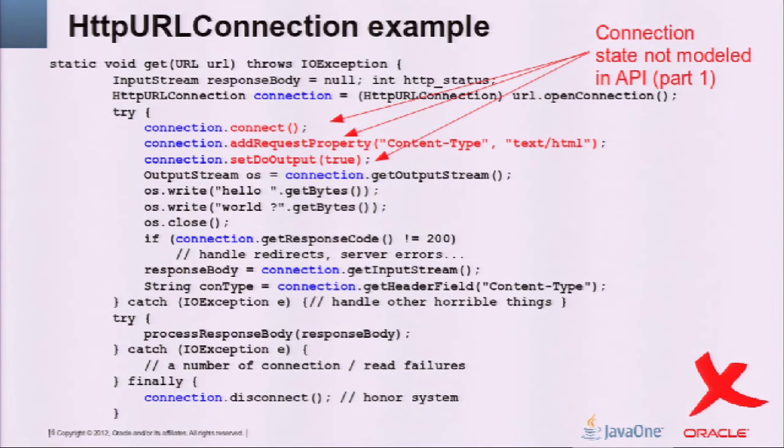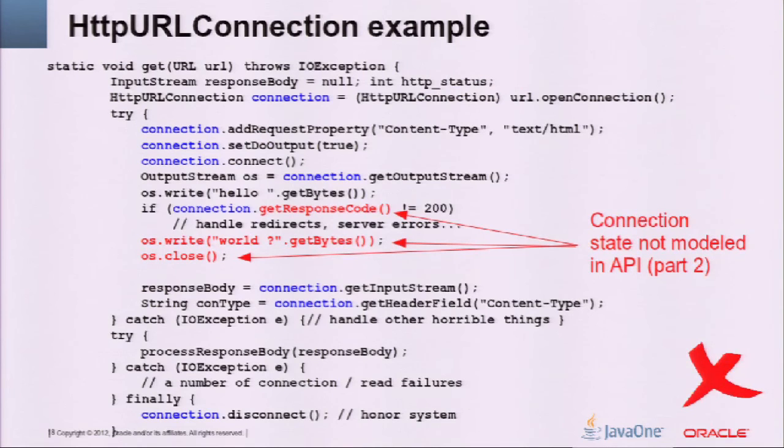If I try to set a header, or set more of the properties on the connection to do with the request, it's too late because I've already connected and committed the headers to the server. So in this example, as soon as I connect and then try to modify the request I am making, these methods throw illegal state exceptions to tell you you've done the wrong thing at the wrong time.